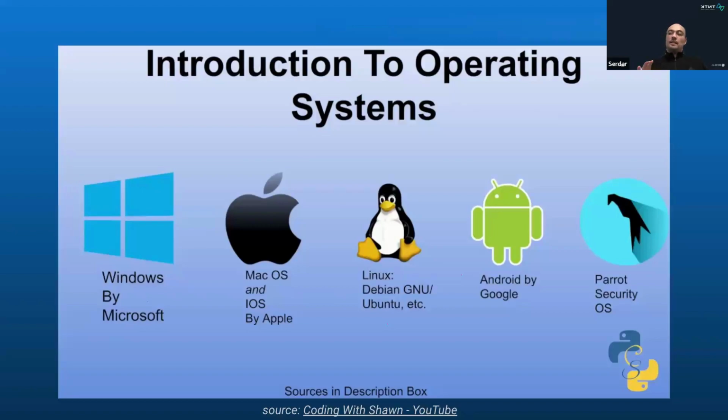Linux is a free and open source operating system. What does that mean? When we say free software, it doesn't mean free in the financial sense, okay? When we say free operating system, we mean free as in free speech, not the financial part.